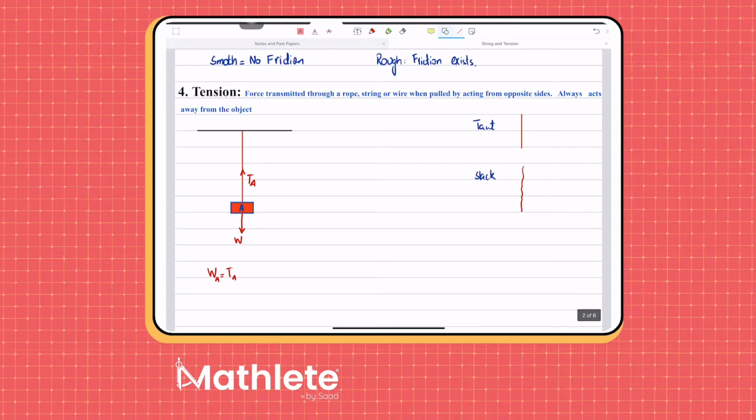Now, normally there's confusion when we have two objects.